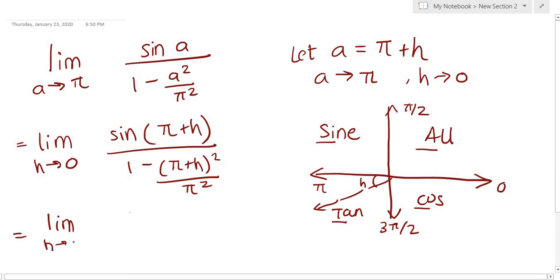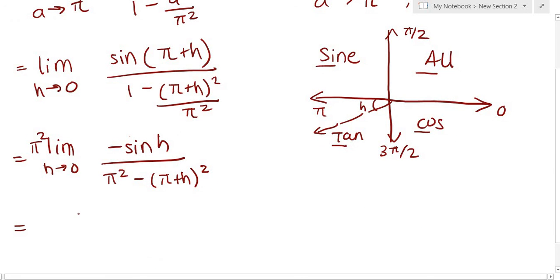Limit as h tends to 0, the numerator is just negative sine of h over pi squared minus pi plus h the whole squared. And I'm actually going to bring the denominator on top. This becomes pi squared. Now I'll just bring the constants out.